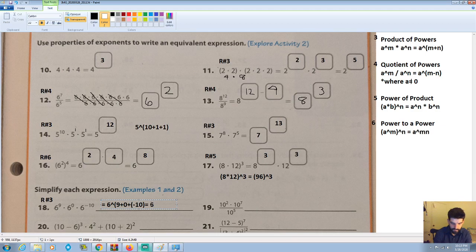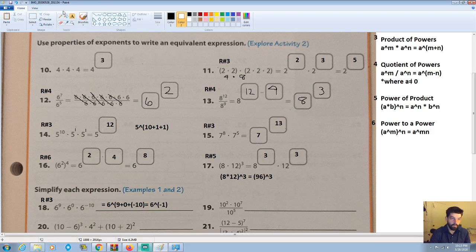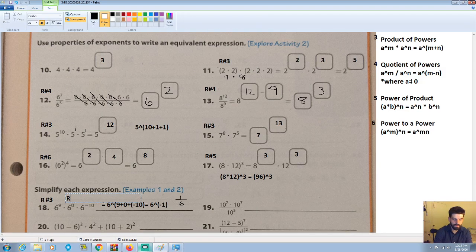So this is going to be 6 to the negative 1, which is going to be equal to 1 over 6 to the first power, or 1/6. Now this also uses rule number 2, which is about negative exponents. But we saw that as we simplified it toward the end there. So that's going to be rule number 2.